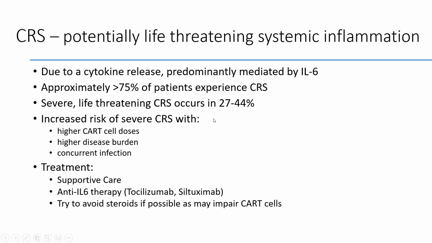CRS is a potentially life-threatening systemic inflammation due to cytokine release, predominantly mediated by IL-6, interleukin-6. This is an endogenous chemical that activates inflammation and is involved in B cell maturation. More than 75% of patients experience CRS, and severe and life-threatening CRS occurs in 27 to 44%.